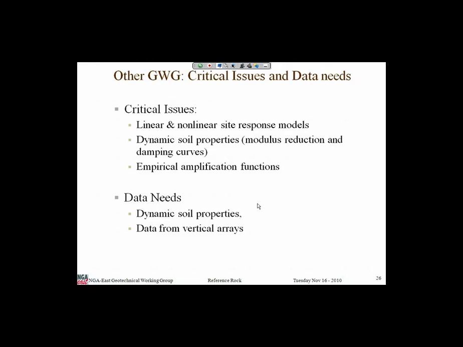We're trying to see if we can get the data, for example, from the array in Kentucky. That has not happened yet, but maybe with the data group we can figure out a way to get this type of data. It's sparse, there's not a lot, but these are the issues we are working with right now.